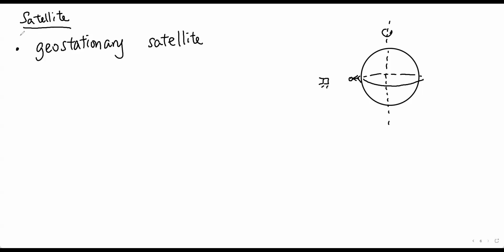Now you may be asked about some properties of the geostationary satellite. You need to mention that the period is 1 day or 24 hours. And you need to mention that it should be only above the equator of the Earth. And also it rotates in the same way as the Earth, that means from west to east. Now there's one question here. Let me show you.